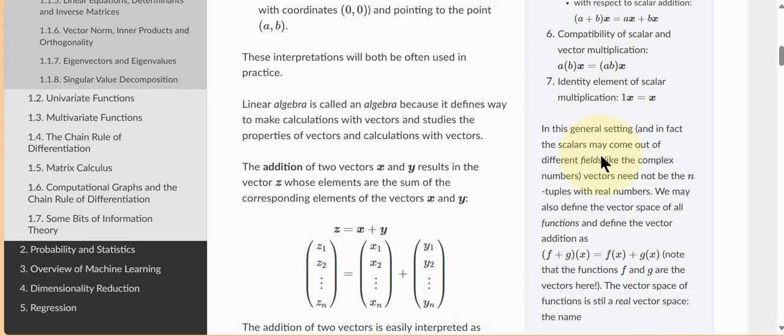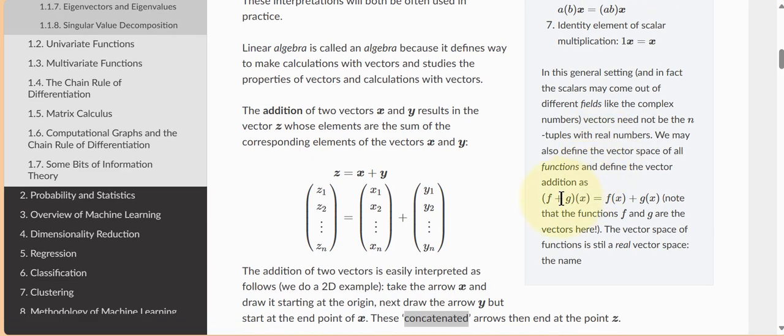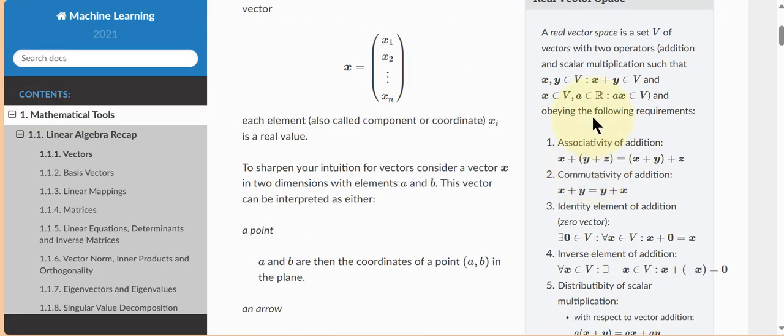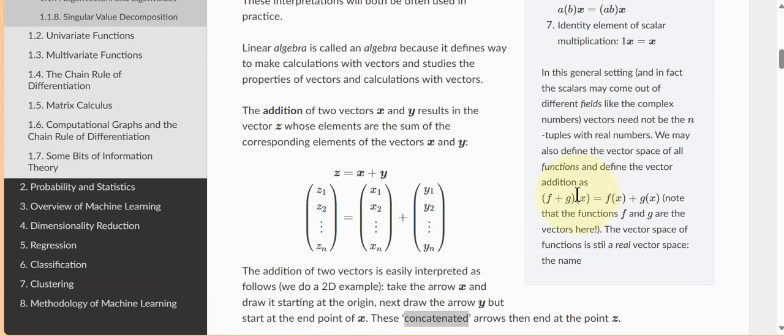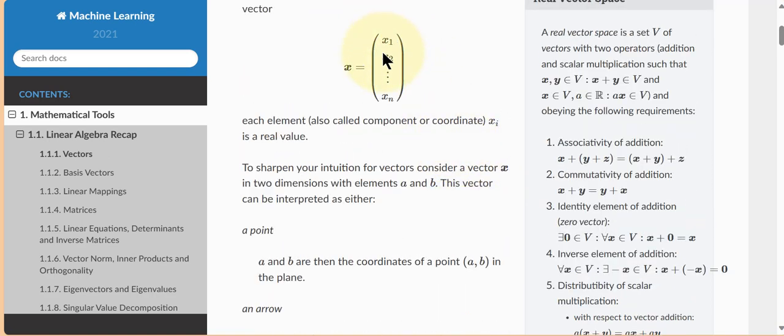First of all, we have to know what we mean by addition. We know what we mean by addition here, but we have to know here if we're talking about elements that are not these kinds of things, but rather just functions. So this is like a tuple, right?